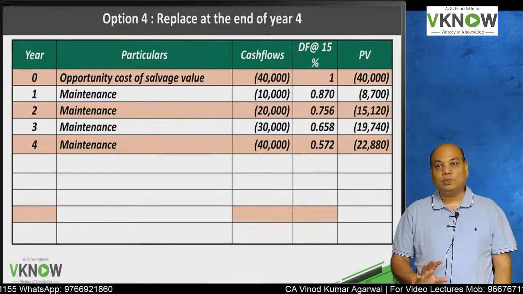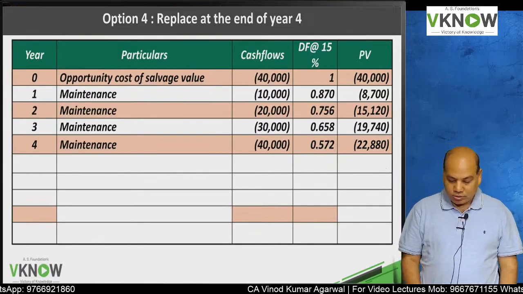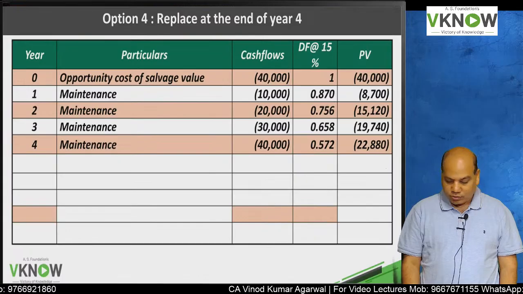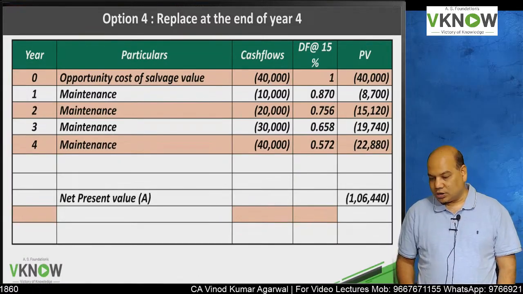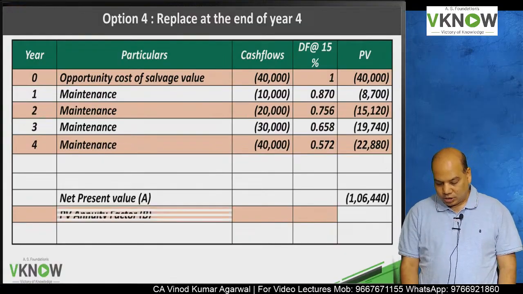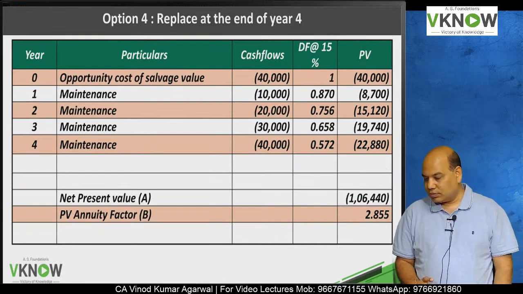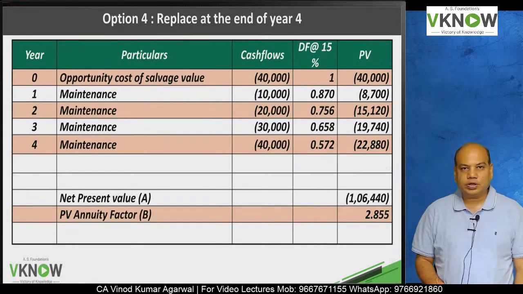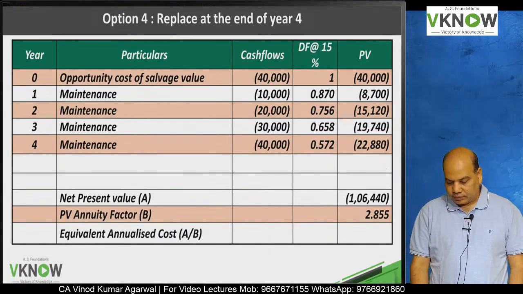So today you will practice all questions done till now. We are almost on the 73rd question. 1,06,440 is the total. Check, is the total right? And then we write down the PV annuity factor for 4 years. PV annuity factor for 4 years is 2.855.